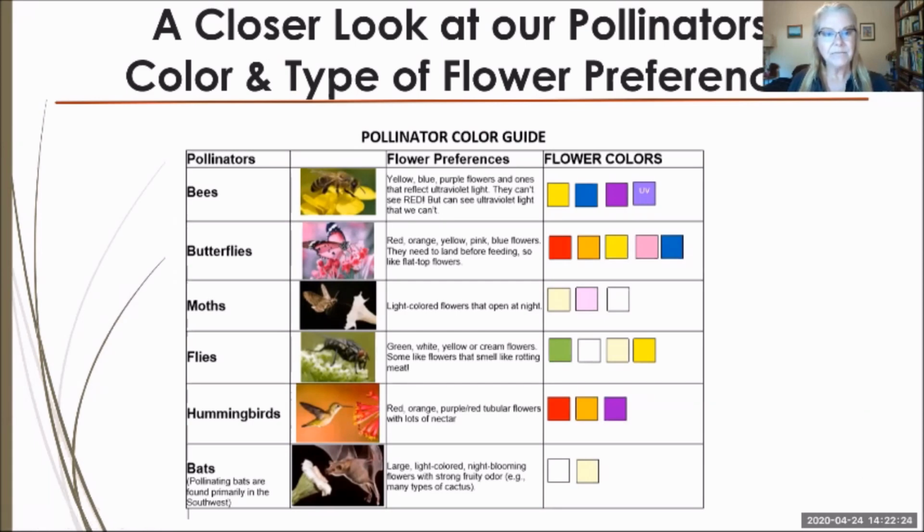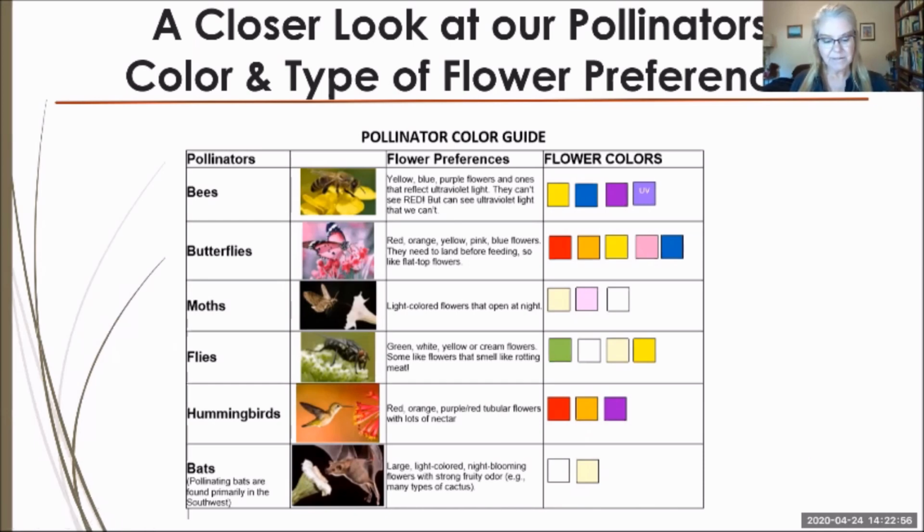And basically, we looked at the color preferences, and you'll have this in the handout, but it kind of goes into the fact that butterflies are looking for flowers that have more flat top flowers. Hummingbirds, they're looking for tubular flowers with lots of nectar for those long beaks. And again, this is going to be in your handouts.